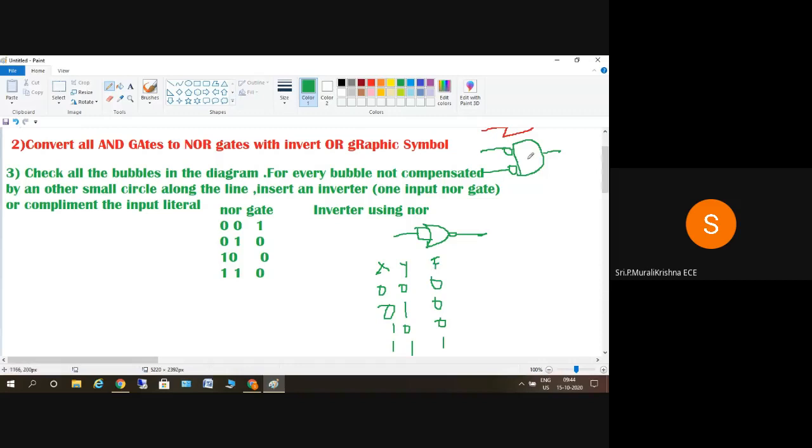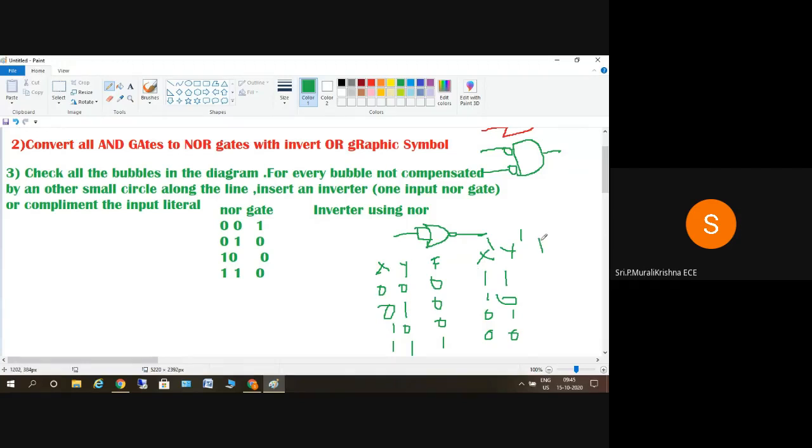So inverted AND will give the truth table of the NOR gate. Inverted means I need X bar, Y bar. So I need the values of X bar Y bar: 1 1, 1 0, 0 1, and 0 0.